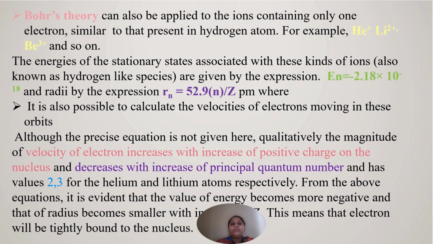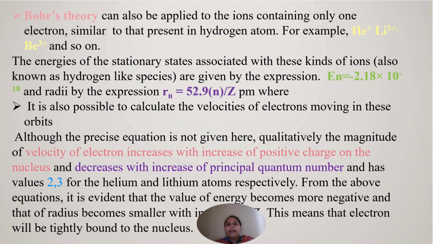The energies of the stationary states associated with these ions, known as hydrogen-like species, is given by the expression En = -2.18 × 10^-18 (Z²/n²) joules, and the radius is given by the expression Rn = 52.9 × n²/Z picometer, where n is the principal quantum number.